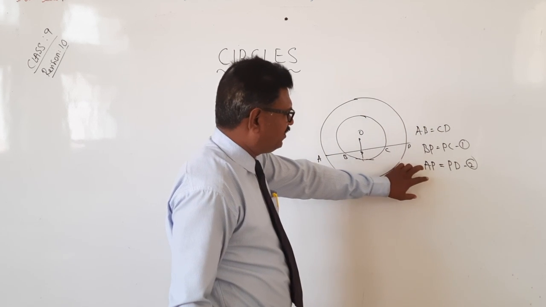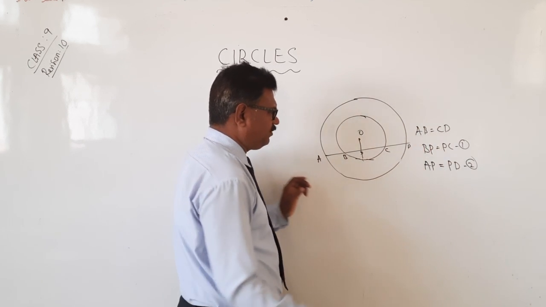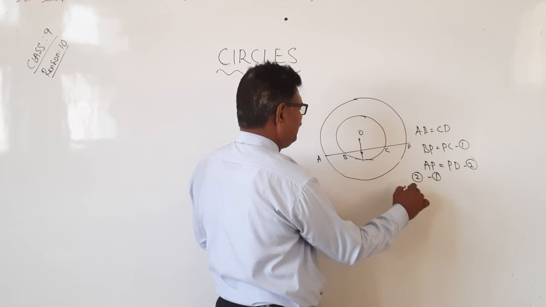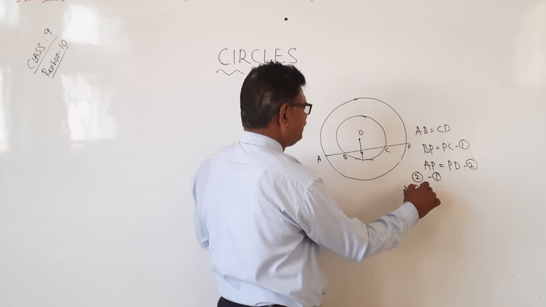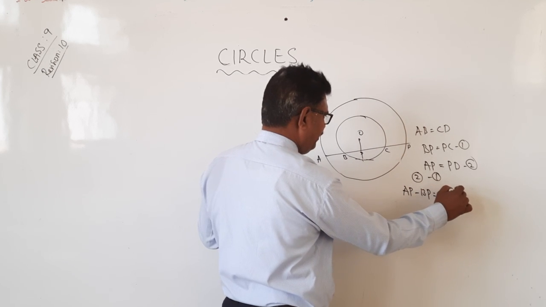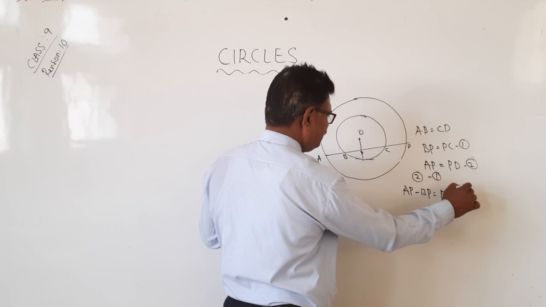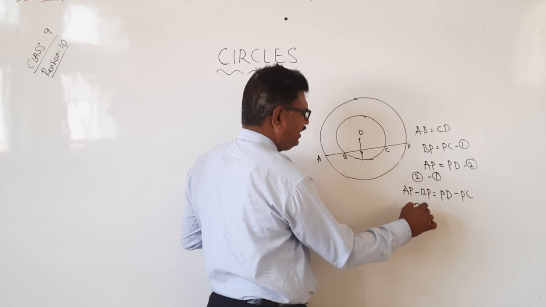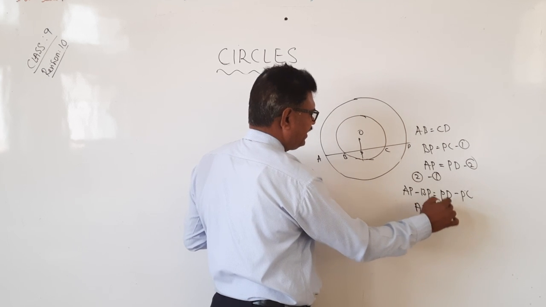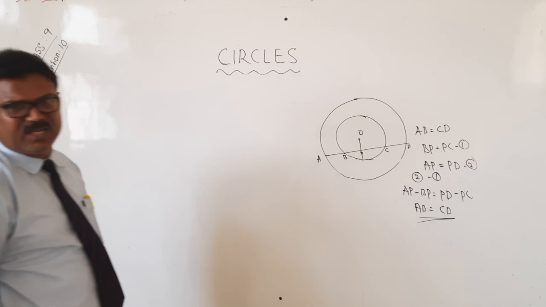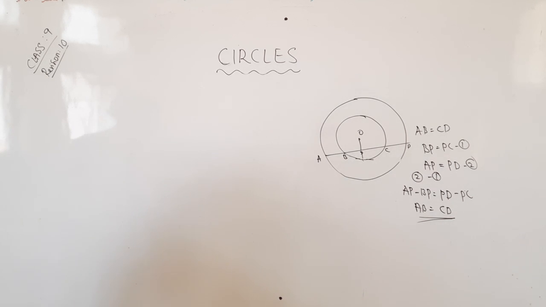Now subtract the first from the second. What you will get? AP minus BP equal to PD minus PC. AP minus BP, what will you get? AB. And here, CD. Okay na? So very simple.